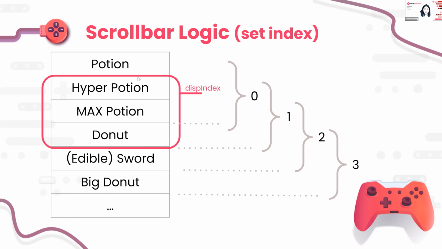So basically beyond 3, if you add another item, now there are two sets of items possible that can be displayed on the screen.